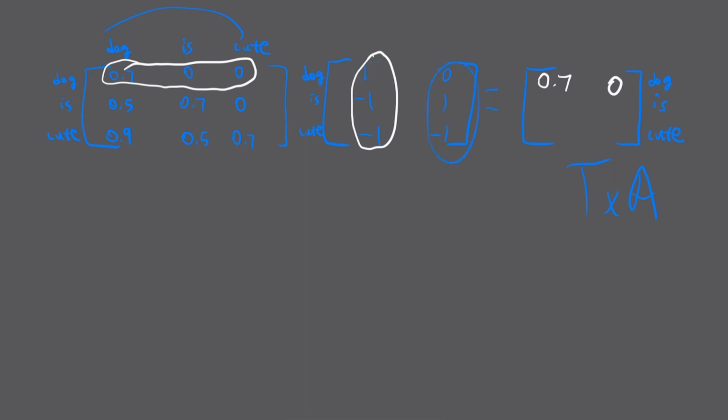Of course, we're not including this column over here. This is part of the representation of the word "is". This is part of the representation of the word "cute". And the score for "dog" is being multiplied with this thing for "dog". The score for "dog is" is being multiplied with the number for "is". The score for "dog cute" is being multiplied with the number for "cute" in this column over here.